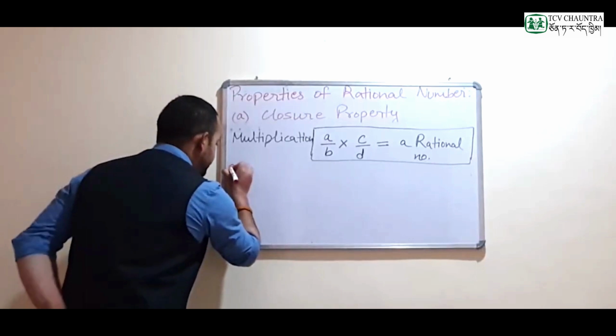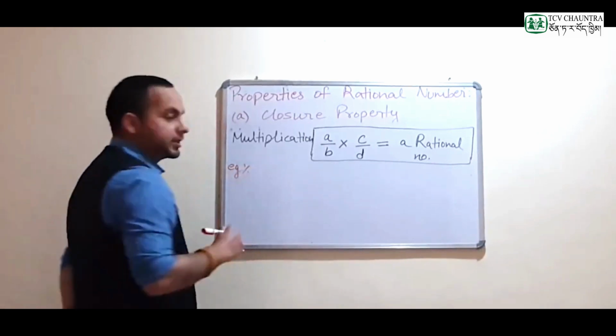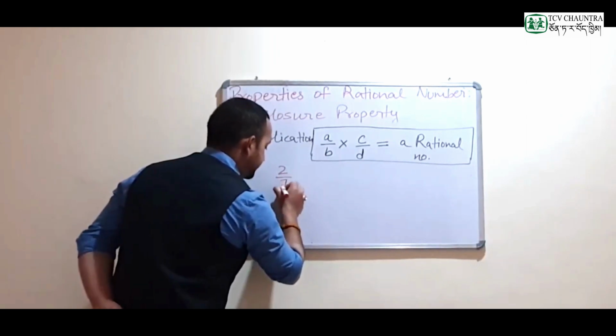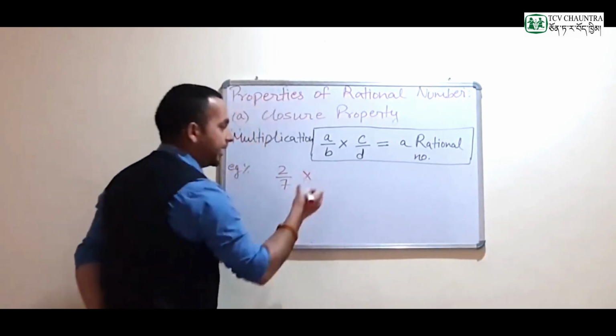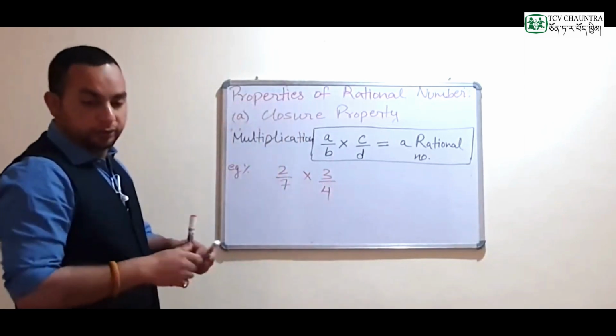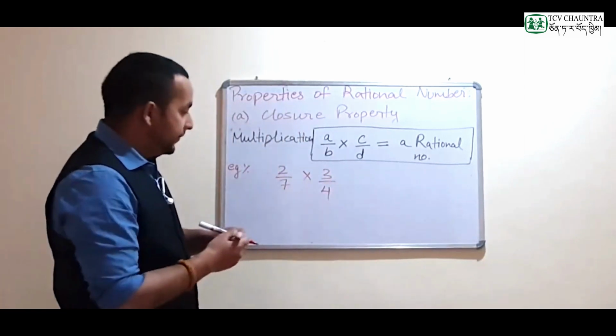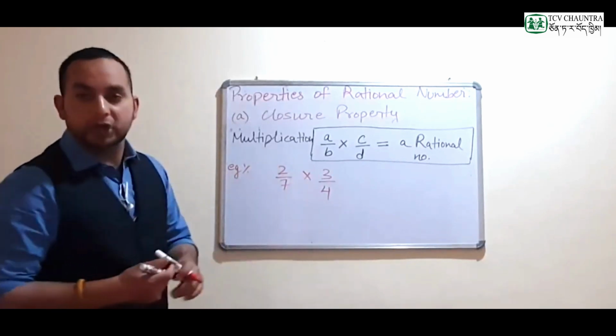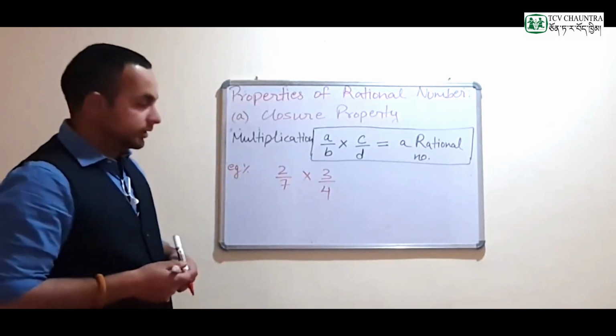Now again we are going to check with one example. Suppose we take the example 2 upon 7 multiplied by 3 upon 4. Now we are going to check whether the multiplication of two rational numbers is always a rational number or not.